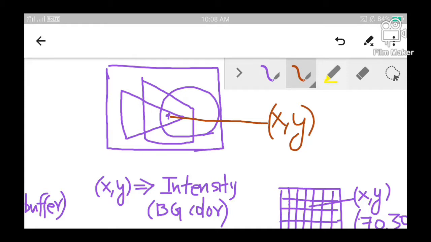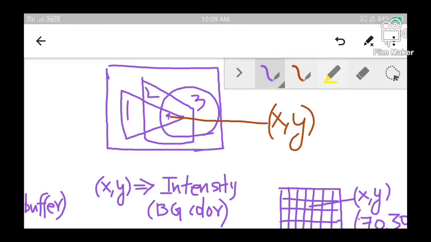When I try to see this point XY, I come across a situation where this point has multiple surface intersections. You can see there are three surfaces. This is surface 1, this is surface 2, and this is surface 3. And the point XY is common to all these surfaces.